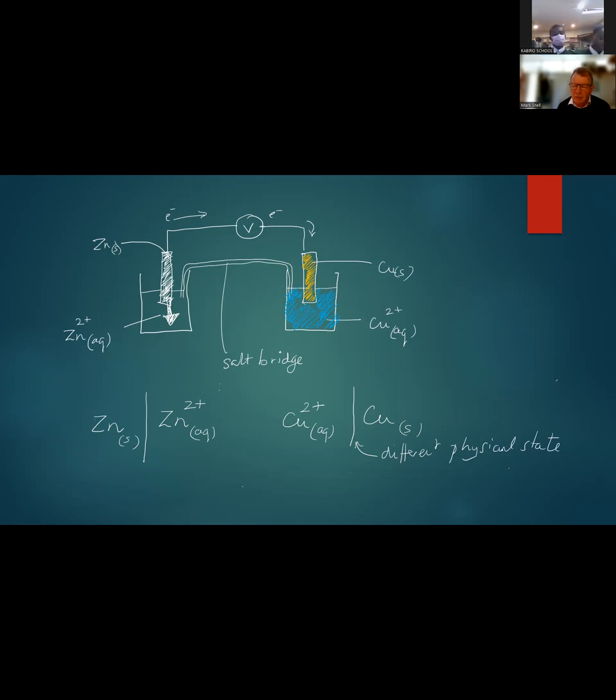Okay? Different physical state. And in between, the salt bridge, I draw like this, just dotted lines. Okay? That is what we call the cell notation.